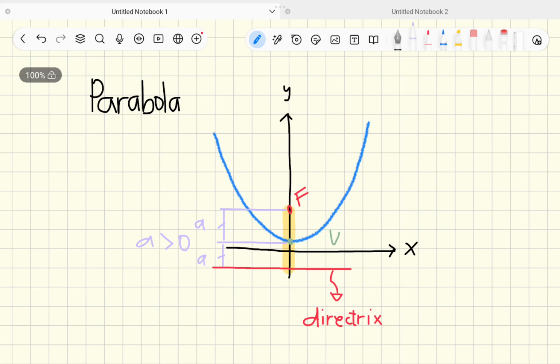Since the distance from the focus to the vertex is a, and the distance from the vertex to the directrix is also a, we can say that the distance from the focus to the directrix is how much? That will be a plus a, so that is 2a.